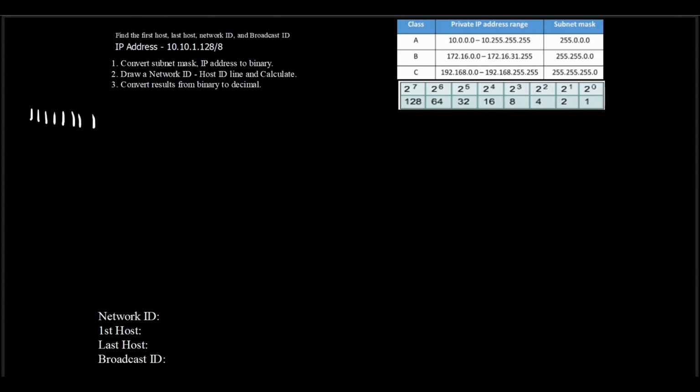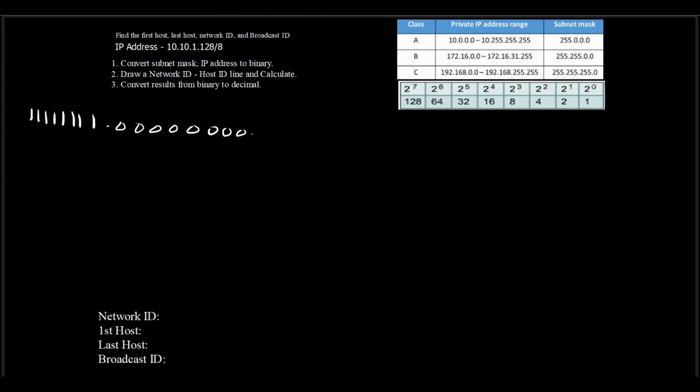Now I want the remaining bits, which are going to be the host ID. So the host ID will be all set to zeros, on the second octet, third octet, and the fourth octet. So here I'm typing the second octet after the dot: 1, 2, 3, 4, 5, 6, 7, 8.